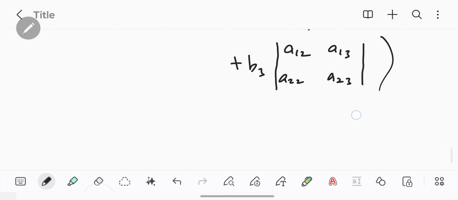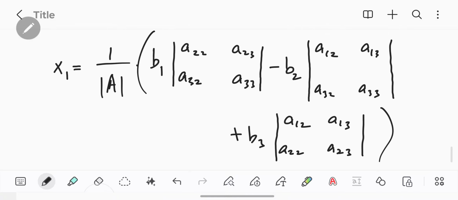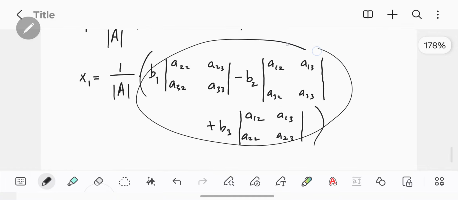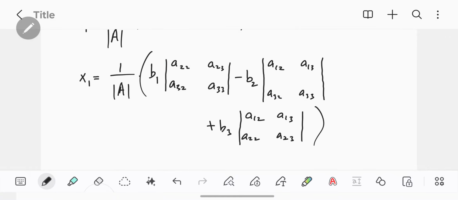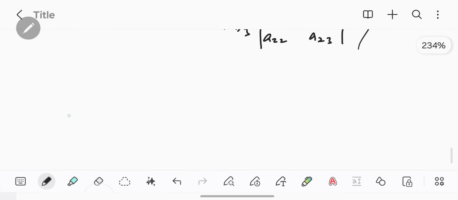Now I can simplify these things. If I write this whole thing in a determinant form, I can write in this way. Look at that.